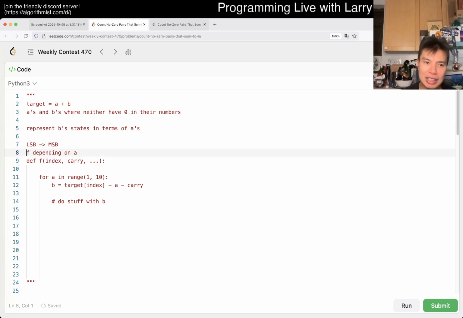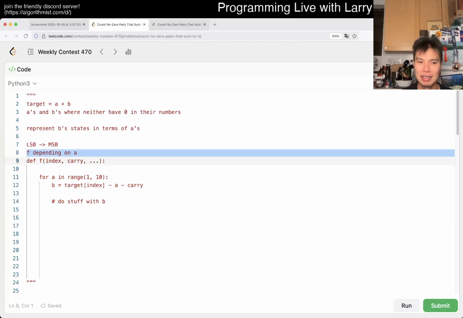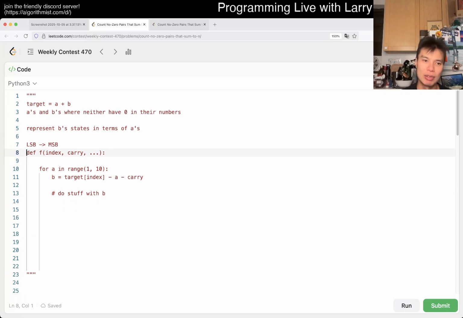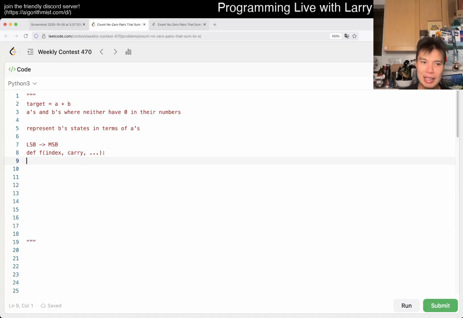So, okay, digit DP, what does that mean, right? So what is the right way of doing it? Well, the right way of doing it is just to brute force on A and B itself, right? So in a normal digit DP, your function might look like this.